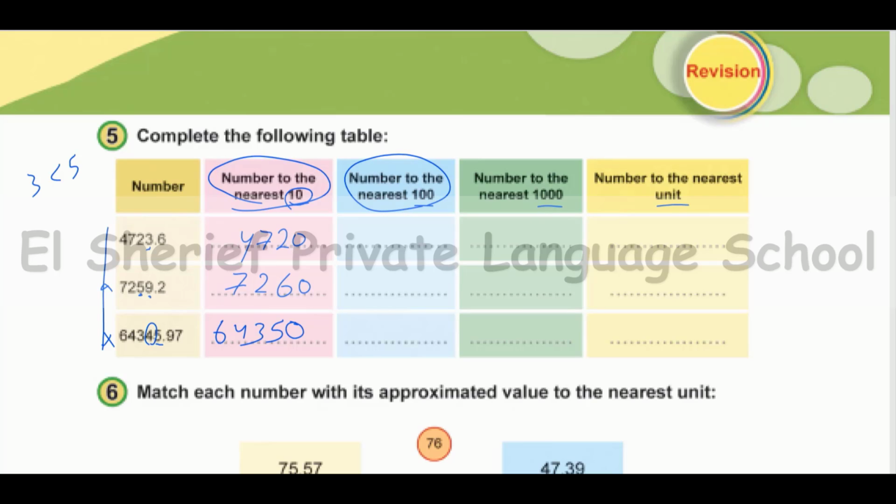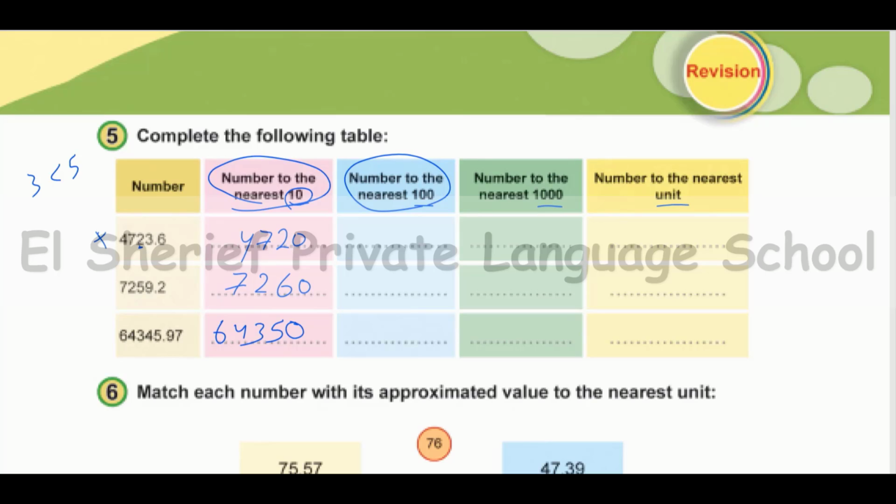Number to the nearest 100. If we need the nearest 100, we look at the tens place.